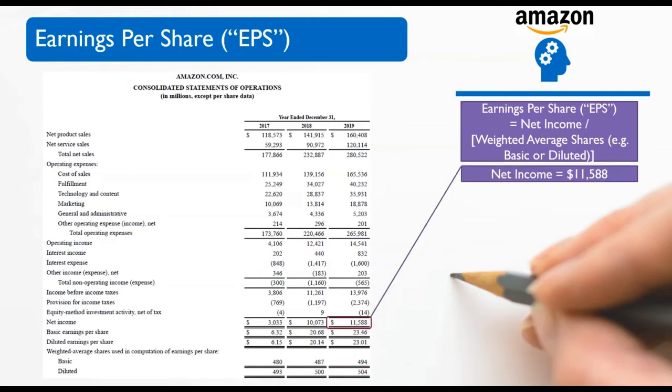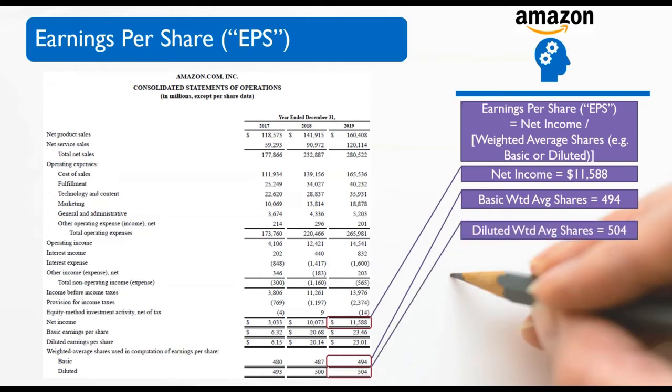First, we'll locate its net income for fiscal 2019, which was $11.6 billion. Then we'll notice that it has 494 million of basic weighted average shares, and then we have around 504 million of diluted weighted average shares.